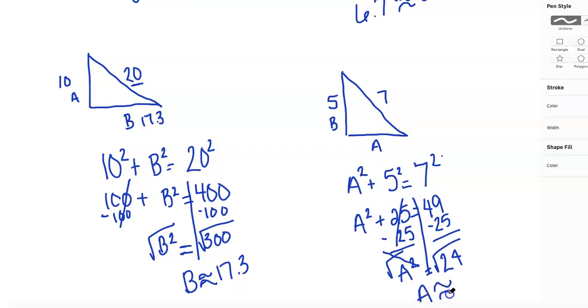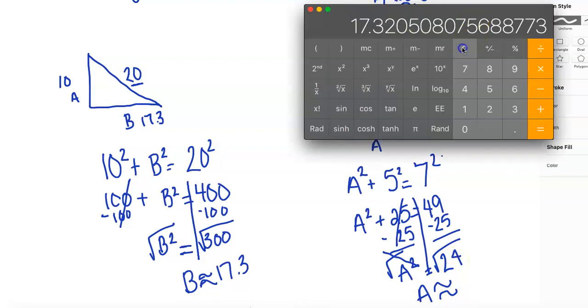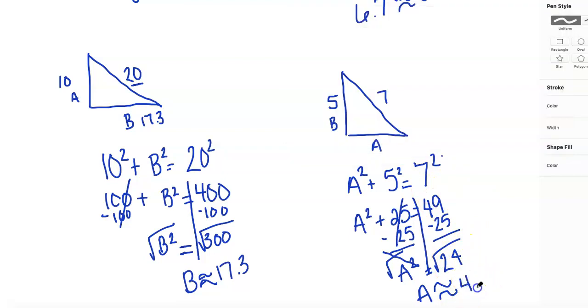A is going to be approximately, get your calculator. I'm going to take 24, my square root, and it's approximately, I'm going to round that last part up to 4.9. And again, 4 is smaller than 7, so that makes sense for an A. Or if this was still B, that would make sense for a B.